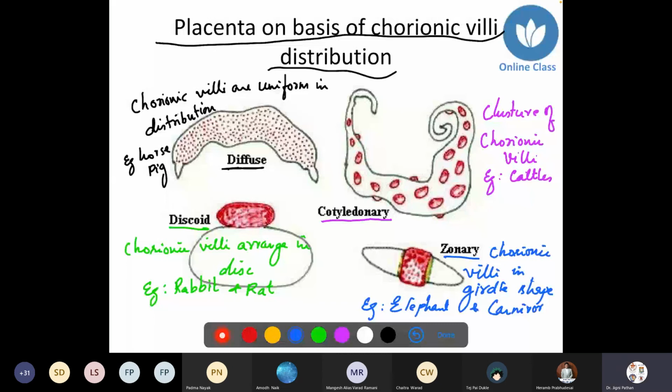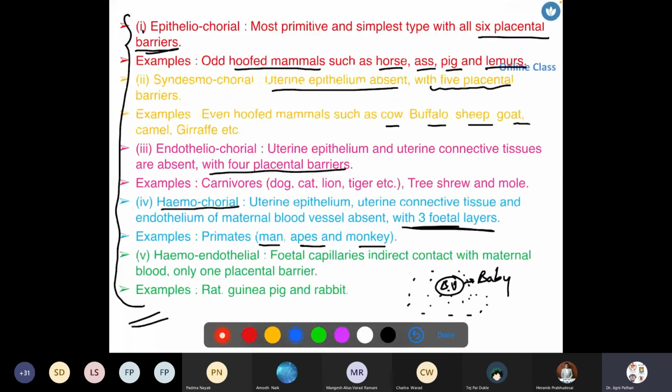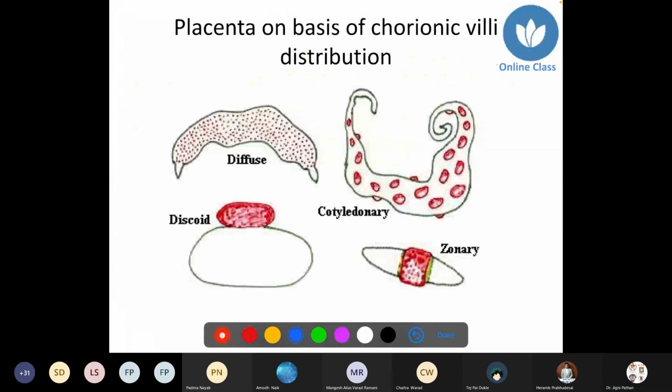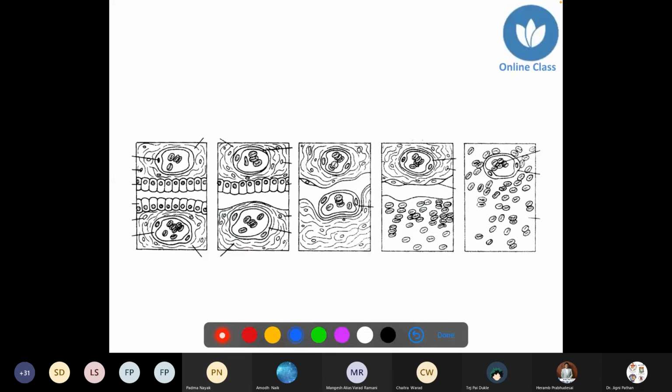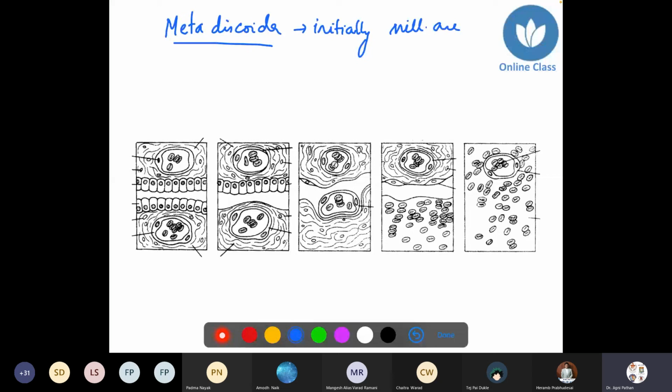Next, there is a metadiscoidal. One more, which is called metadiscoidal. Please write down. I'm writing on the new slide. Metadiscoidal. Initially, the villi are spread over.